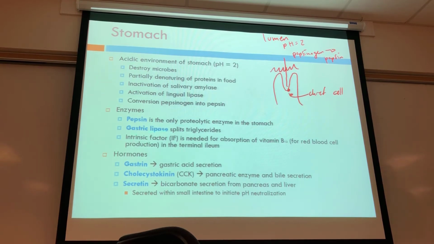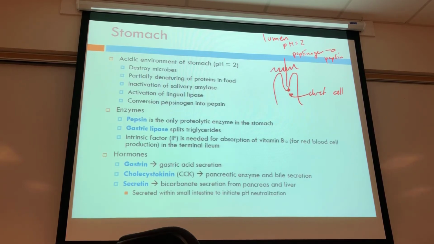The other enzymes, which we mentioned, gastric lipase, intrinsic factor, IF. Intrinsic factor is needed for the absorption of vitamin B12. Vitamin B12 is important for red blood cell production.